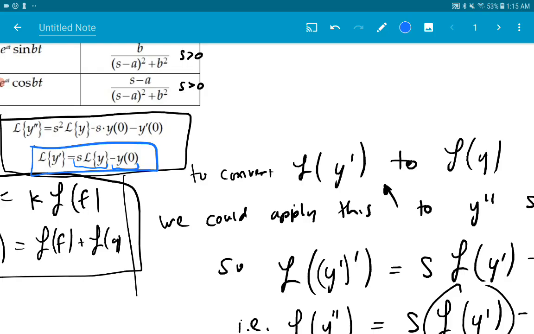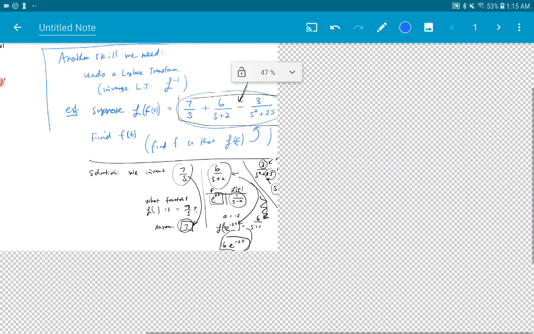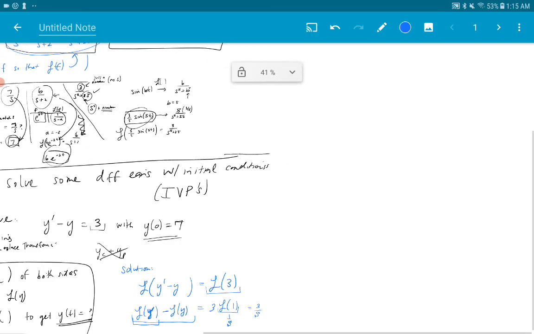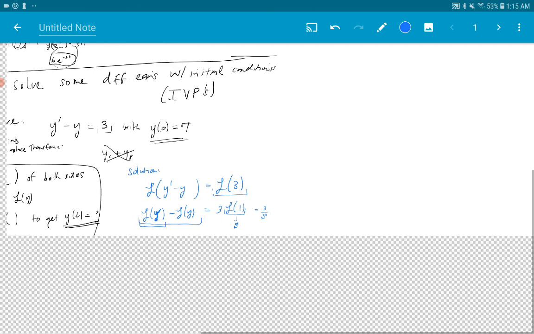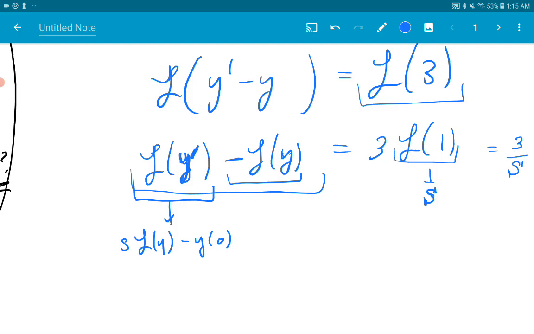Sorry for all this scrolling, but I just wanted you to see that it's there in the table. We're going to use that for this right here. We just looked that up, and it's s L of y minus y of 0. We still have this, it didn't go anywhere. This whole thing came from that. We still have this equals 3 over s.